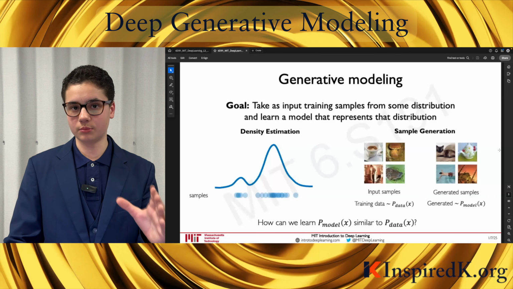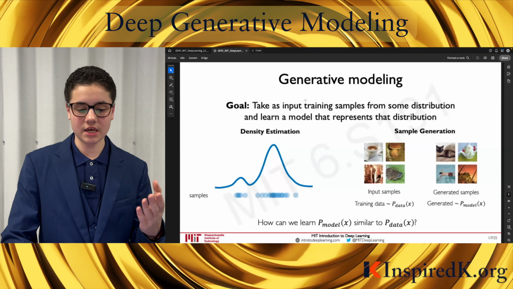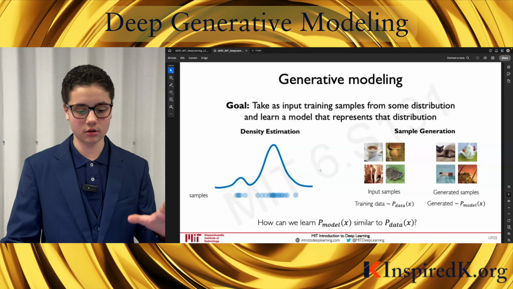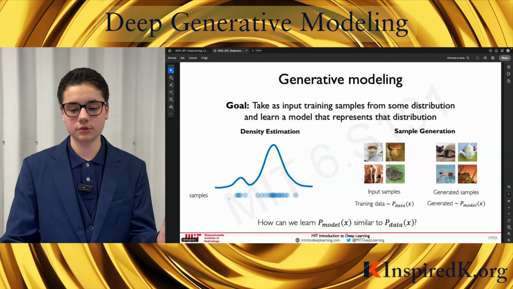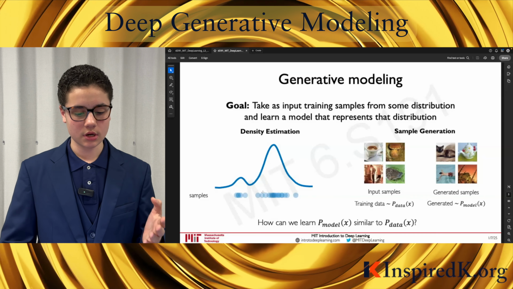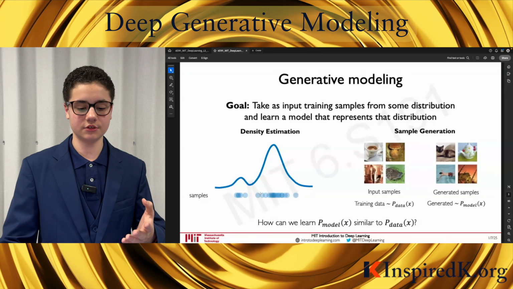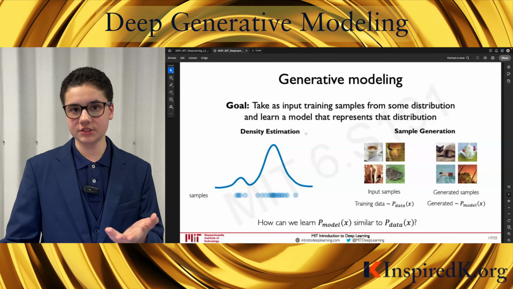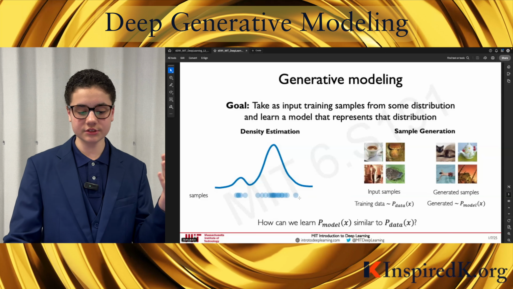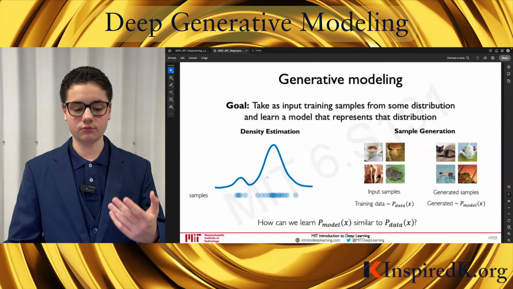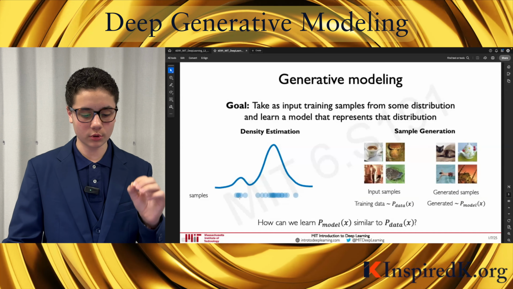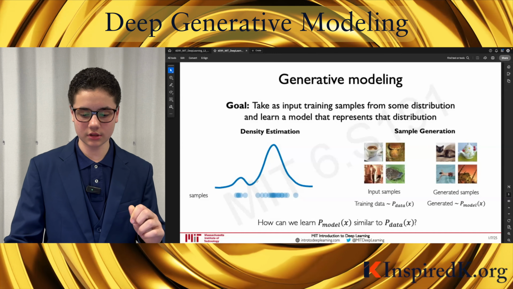With generative modeling, we can take an input of training data with unsupervised learning, and we can have some certain distribution to create a model that represents that distribution. For example, with density estimation, we can take our different samples of the points, and we can create a graph that represents where more points are concentrated specifically.